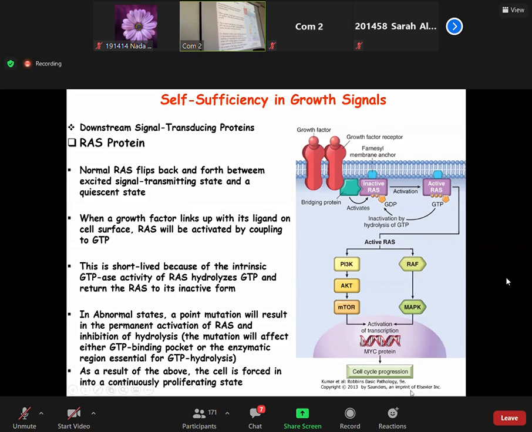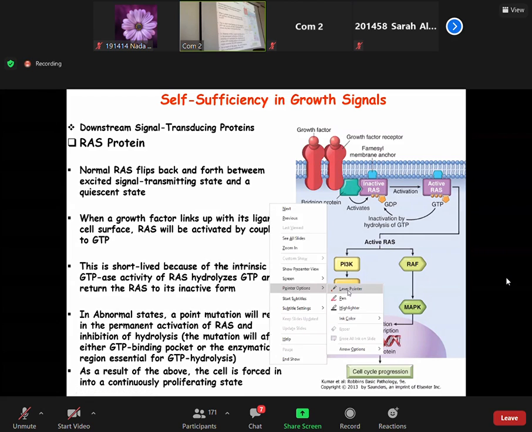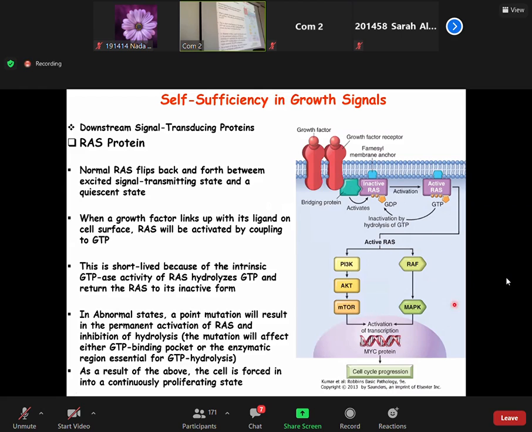Now, allow me to tell you that these two pathways that you see here are actually very simplified. There are far more components of these pathways than what you see here.